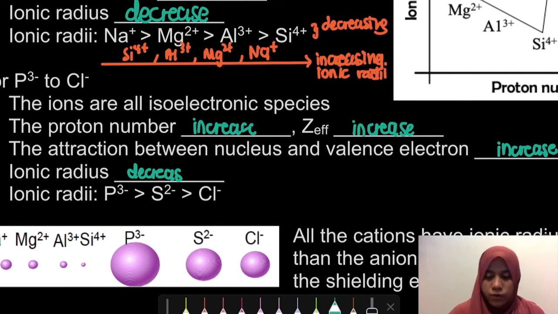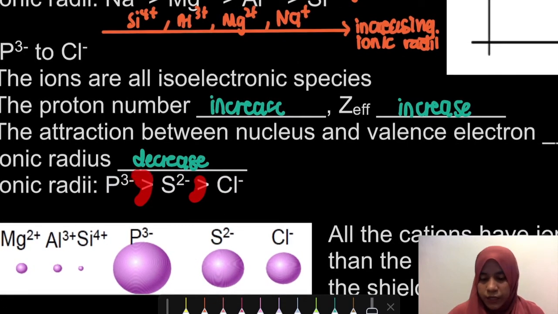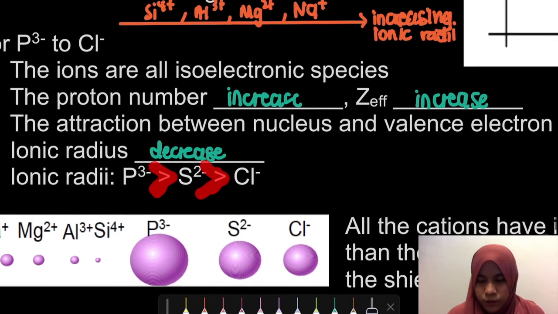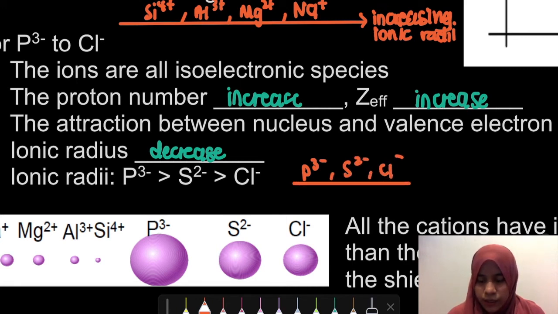Okay, so it's either this one, you write down in terms of bigger than. If in this case you want to write P3-, S2-, Cl-, again, this is decreasing ionic radius.